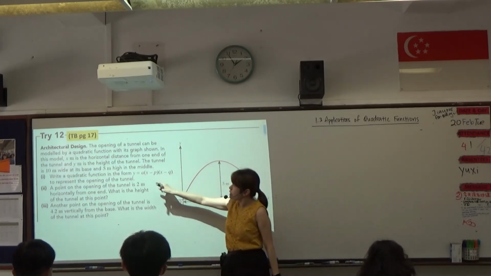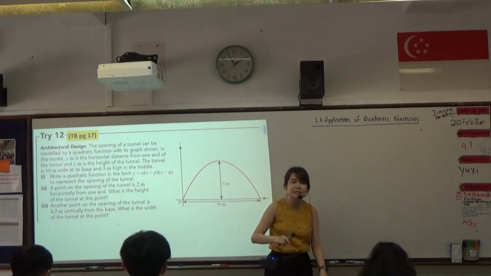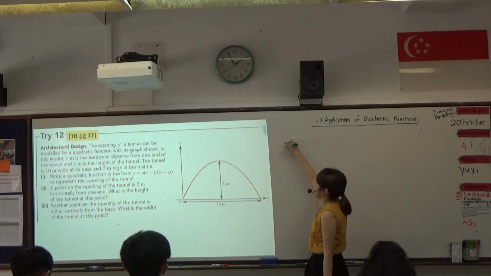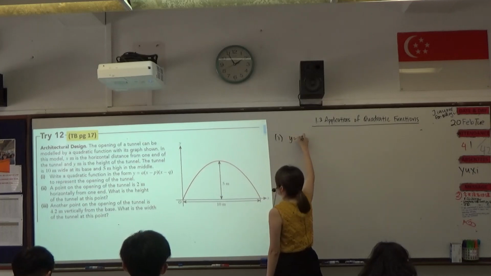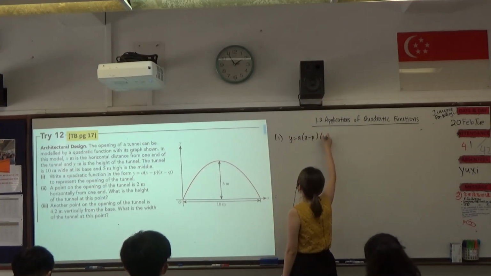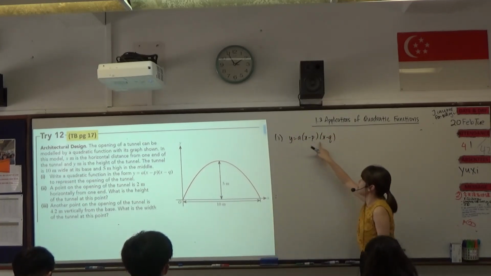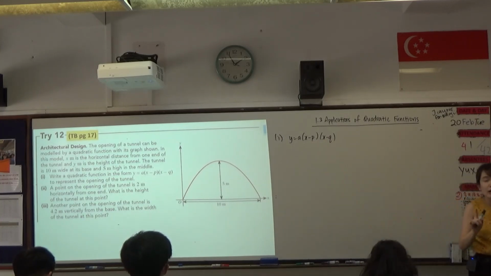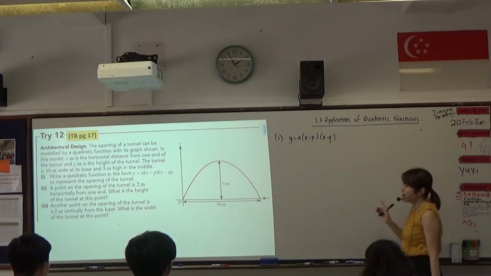In this equation itself, we must first understand what it is that we want to find. I need to determine what are my a, p, and q values. I'm not trying to determine my x and y values, because x and y are variables.